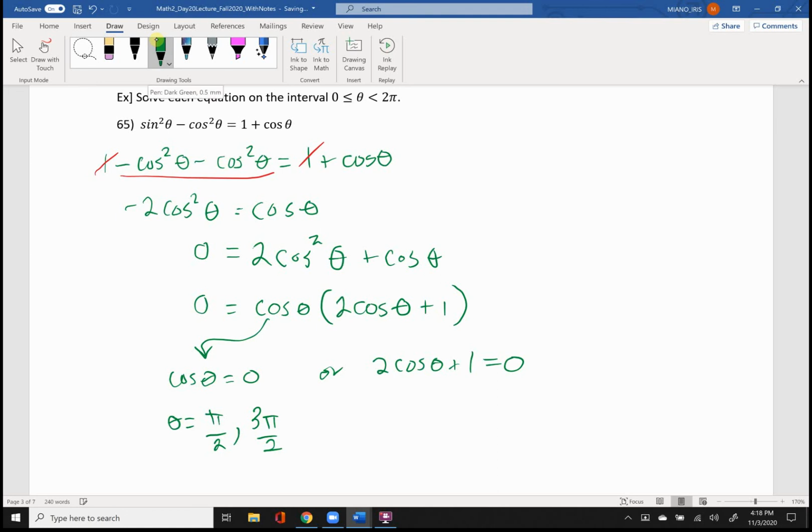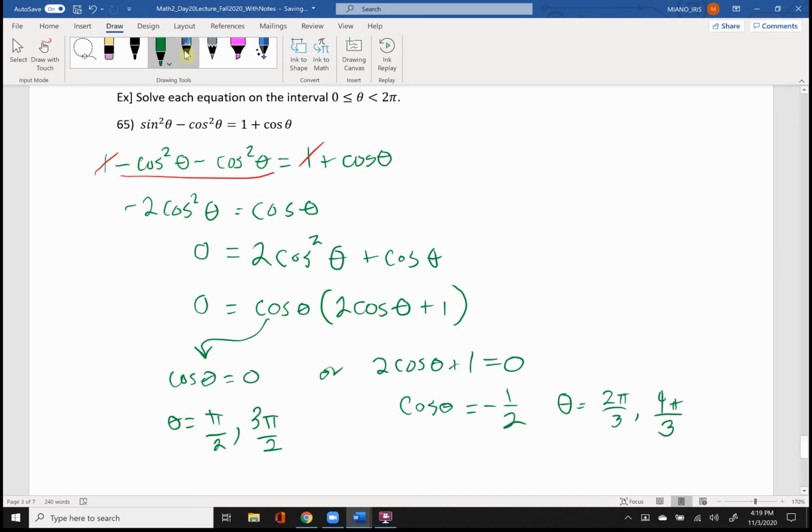Now here I've got a little bit more algebra to do. I'm going to subtract 1 from both sides and then divide it by 2. So I'm really asking myself, for what theta does the cosine equal negative 1/2? And that'll occur at theta's 2 pi over 3 and 4 pi over 3.